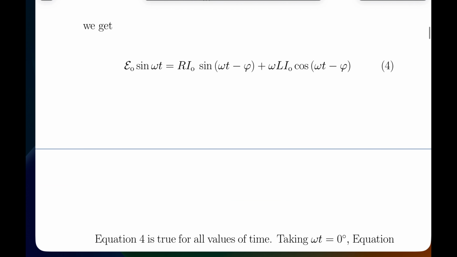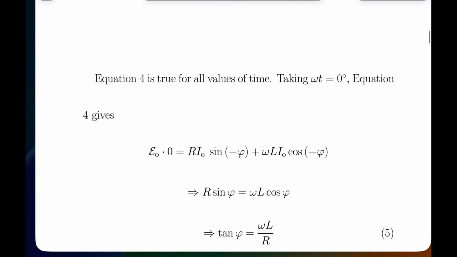We get E naught sine omega t is R I naught sine omega t minus phi plus omega L I naught cos omega t minus phi. So this is for IR. And this is for L di upon dt. Clear?